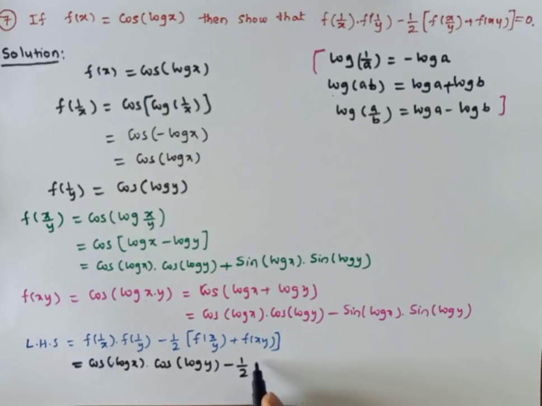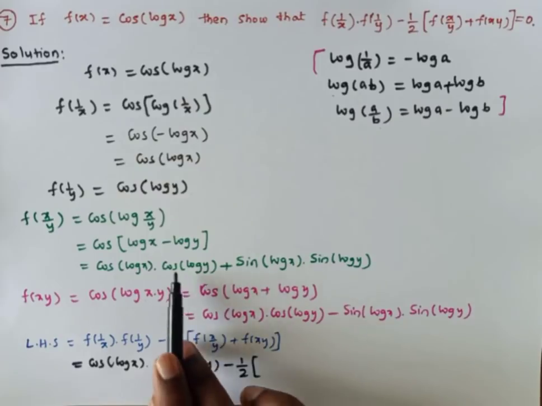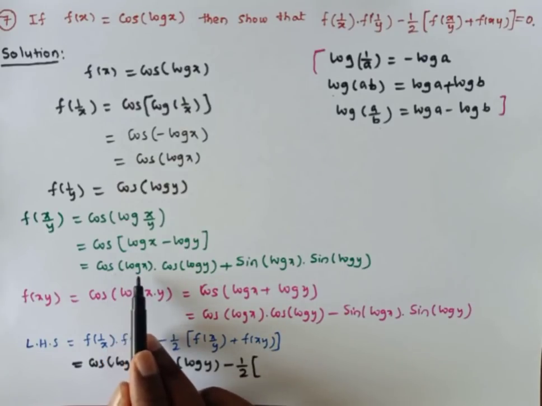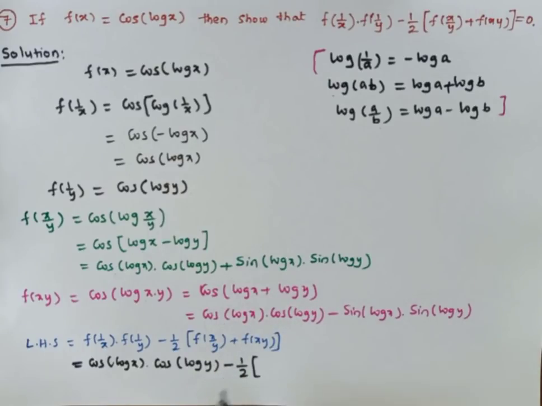Minus 1 by 2 into the sum of f of x by y and f of x into y. If we sum these two, they are opposite in nature, so the sine terms get cancelled. Only cos of log x into cos of log y plus cos of log x into cos of log y is left, that is 2 into cos of log x into cos of log y.